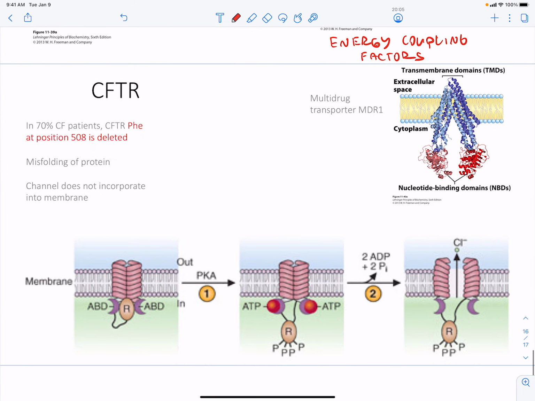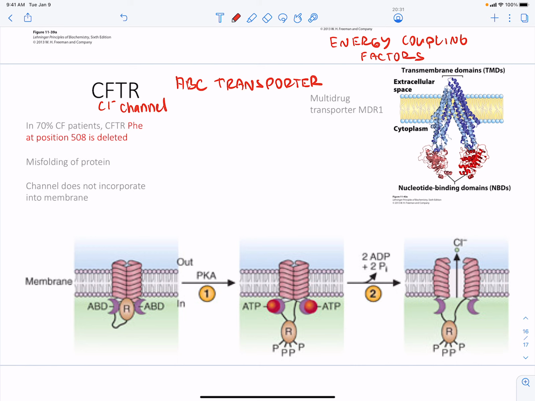And then our next group is called our ABC transporters, of which our cystic fibrosis transmembrane conductance regulator is one. And remember, this is a chloride channel.